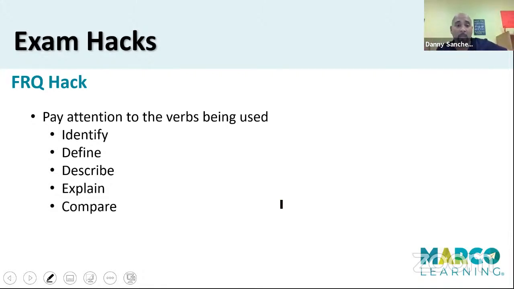But the way he explained it was basically think of a little kid constantly asking you the question, why? You give a basic explanation, and then you go, because blah, blah, blah, because blah, blah, blah. So an example could be, I referenced cars earlier for identify, explain the role of cars in suburbanization.